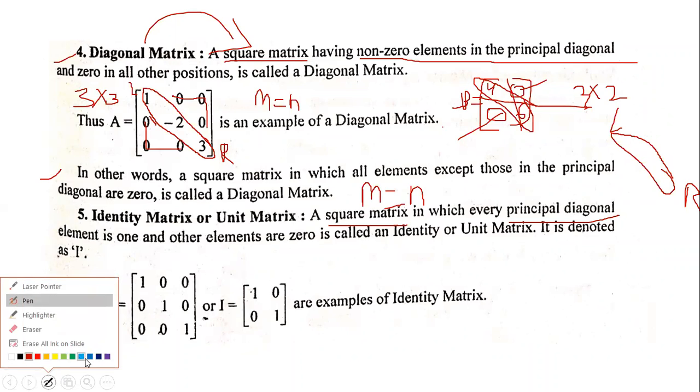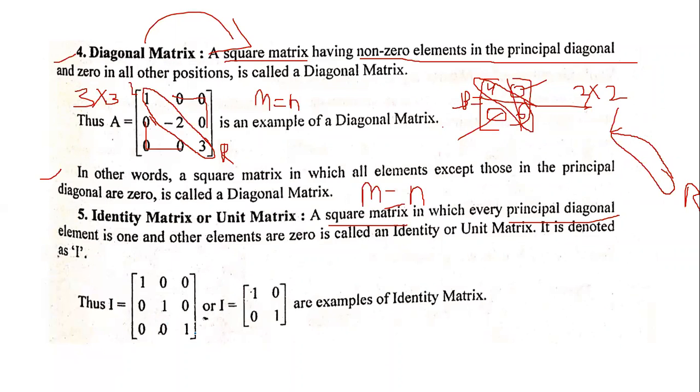The basic thing you'll have to understand here is that the principal diagonal should be 1 only. You cannot have any other number there. If you have any other number, it will become a diagonal matrix. If you have 1 only for all of the elements in the principal diagonal, then it is called an identity matrix or unit matrix.